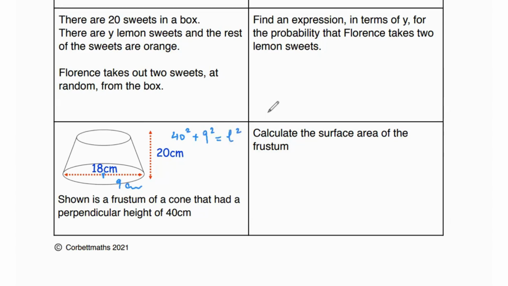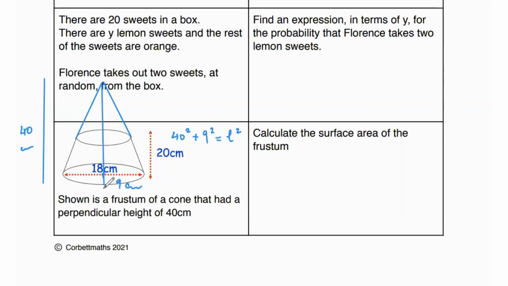The reason why we're applying Pythagoras is that if we complete the cone like this, this is basically your 40 centimeter height. This is 40 centimeters, and this is 9.